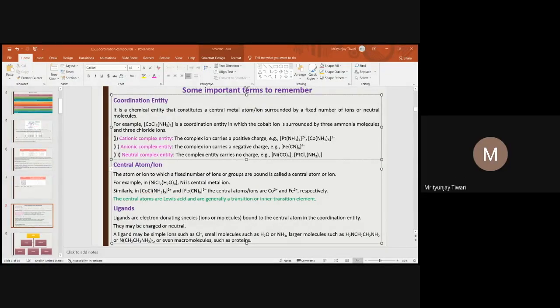Such pyrrole molecules are connected with each other, and so it forms a ring. It's called the porphyrin ring. The coordination compounds of the porphyrin ring are called porphyrins, meaning the chelating compound of the porphyrin ring.